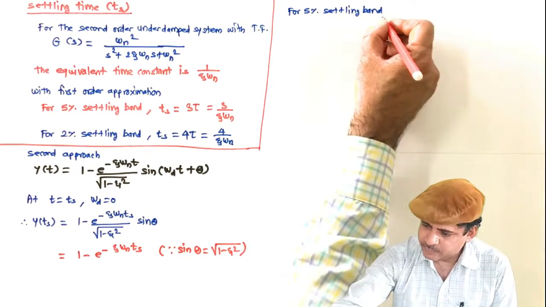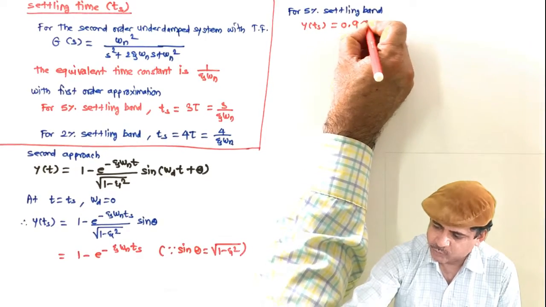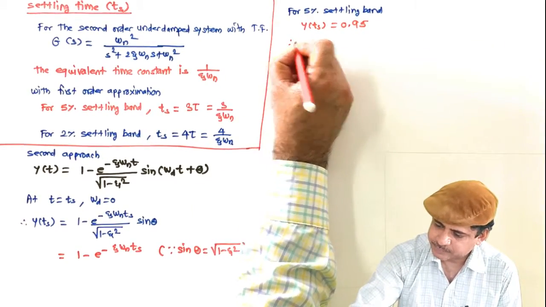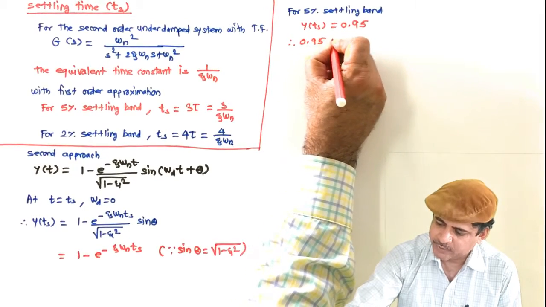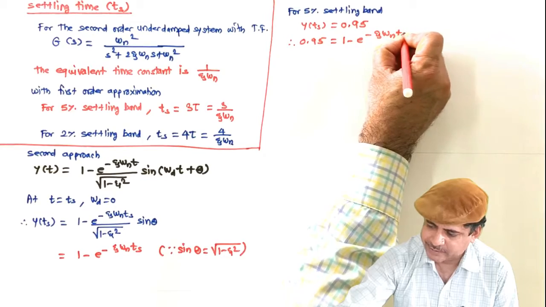So y(Ts) is equal to 0.95, and hence 0.95 is equal to 1 minus e raised to minus zeta omega n Ts.